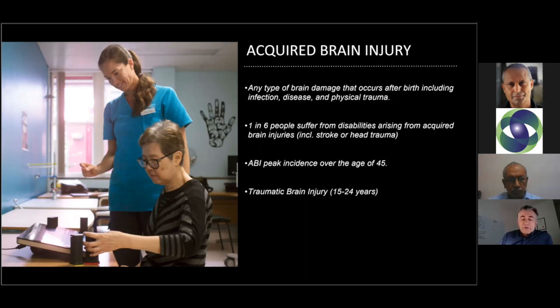With stroke, the peak incidence is over the age of 45. With traumatic brain injury, it tends to be younger males between 15 and 24. It tends to be more falls off workplace ladders, motorcycle accidents and the like.